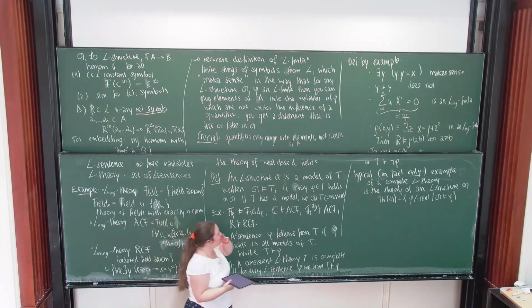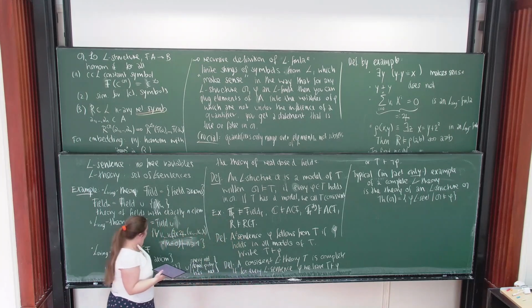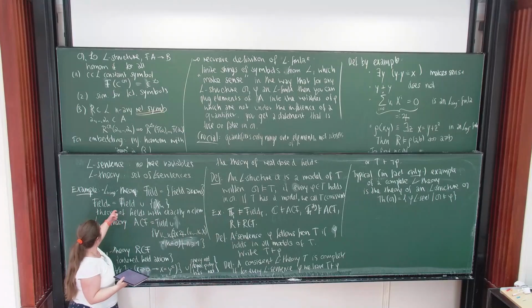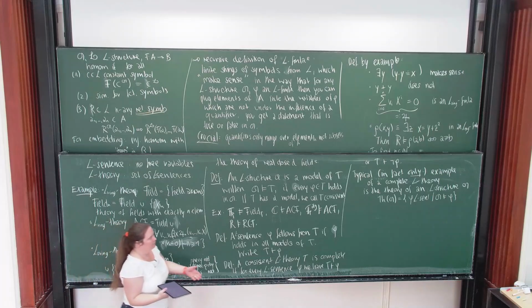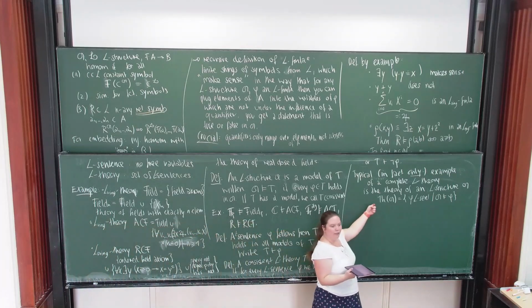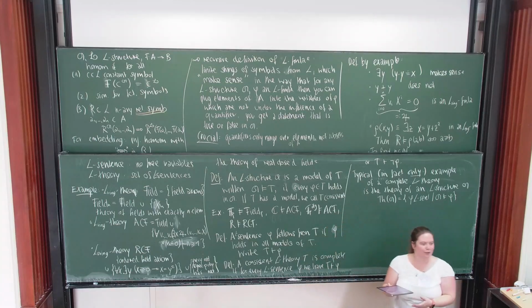So in fact, the theory Field_{p^n} is exactly the theory of the unique field with p to the n many elements. And that's complete, because it's equal to the theory of F_{p^n}, because that's its only model.